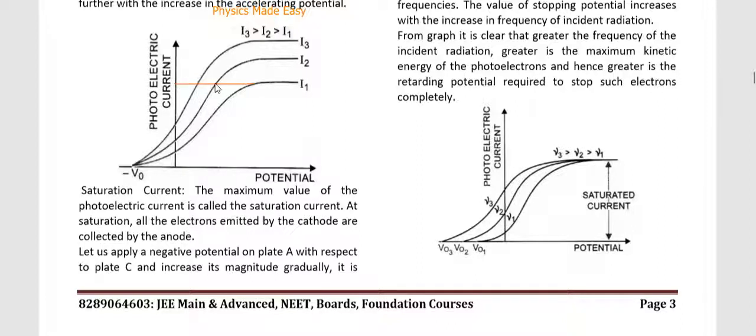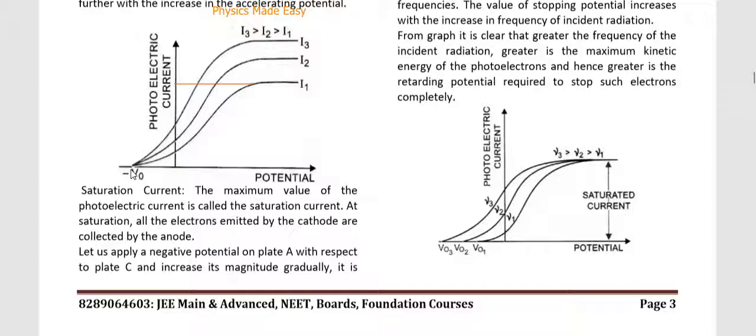And now if we make the value negative like this, then the number of electrons reaching the anode will go on decreasing and they will become zero at a particular voltage V naught. V naught is called stopping potential.